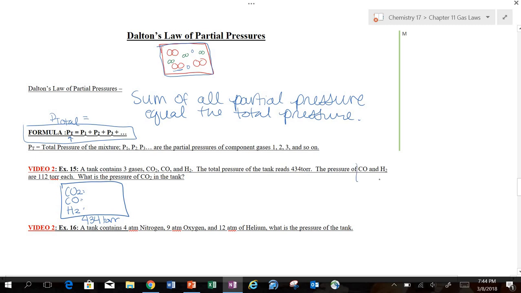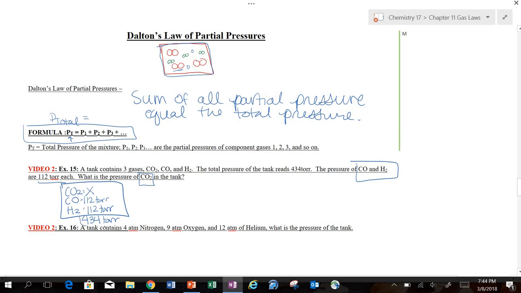It tells us the pressure of carbon monoxide is 112, and hydrogen is also 112. So we're trying to figure out, what is the pressure of carbon dioxide?